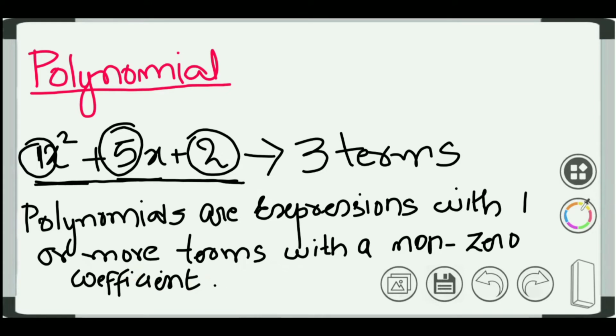This is the definition for polynomials. These are the expressions with one or more terms. Here you can see 3 terms with non-zero coefficients. The non-zero coefficients are 1 and 5.